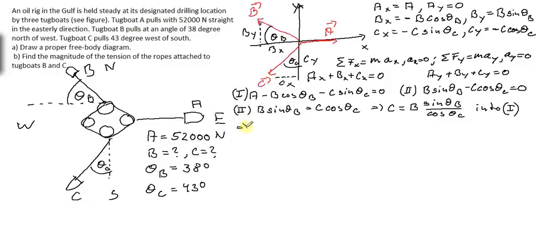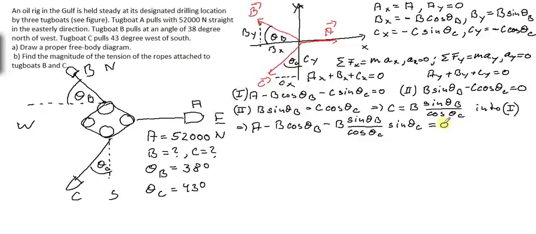So if I do this, I find that A minus B times cosine of theta B minus, and instead of C I write now B times sine theta B over cosine theta C. That is the variable C, and in equation 1 we had C times the sine of theta C, and that has to be 0.